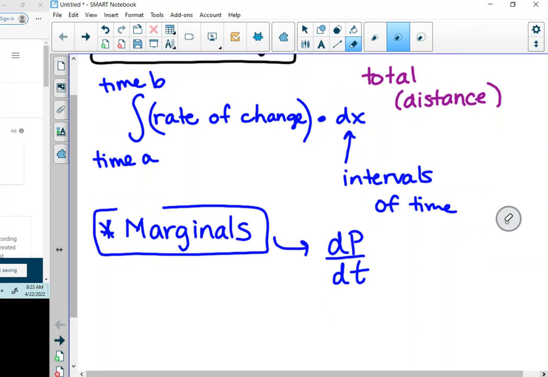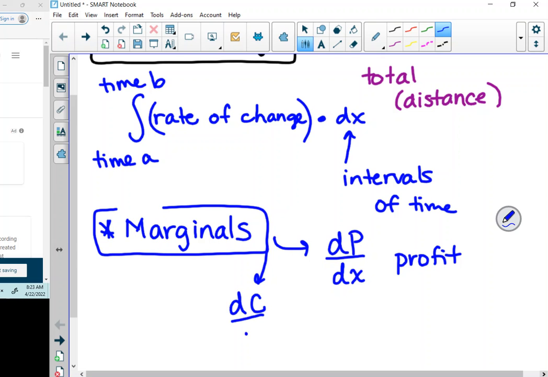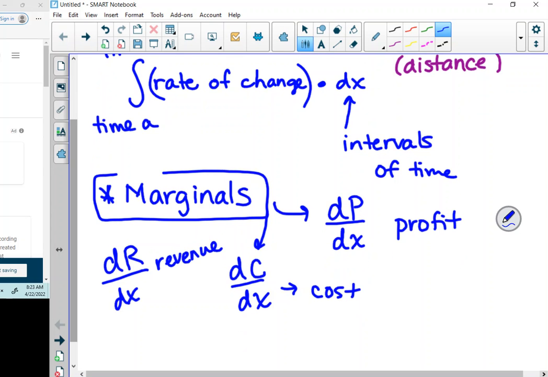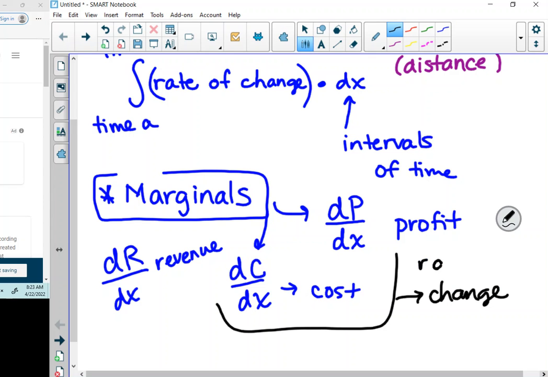Marginal functions like marginal profit, whether we're looking at change in profit over time or change in profit over amount, marginal cost, marginal revenues, those all represent rates of change.